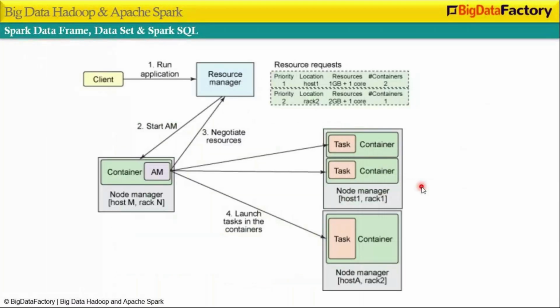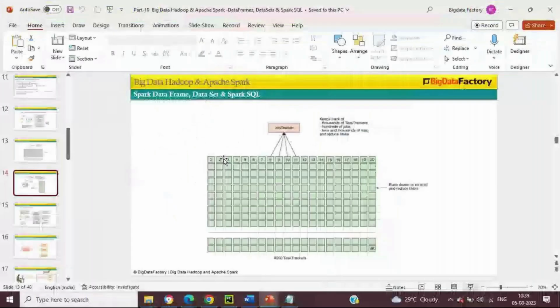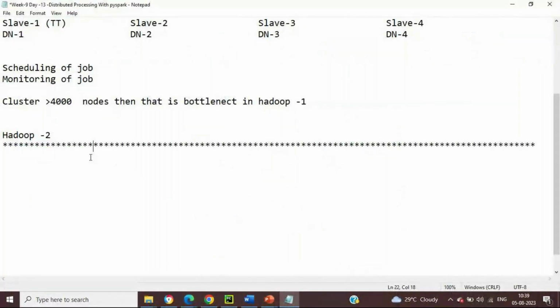Now what is there with respect to Hadoop 2? Inside Hadoop 2, we have the resource manager and the node manager. The resource manager is available inside the name node only, which is the master machine, and the node manager is available on the data node.